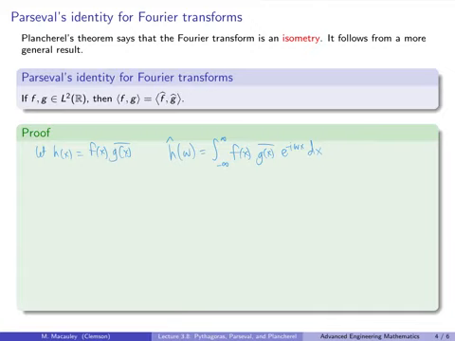Okay, so why did I do this? Well, if I plug in 0 into here, then this becomes a 1, and I just get the inner product of f and g. You see that?